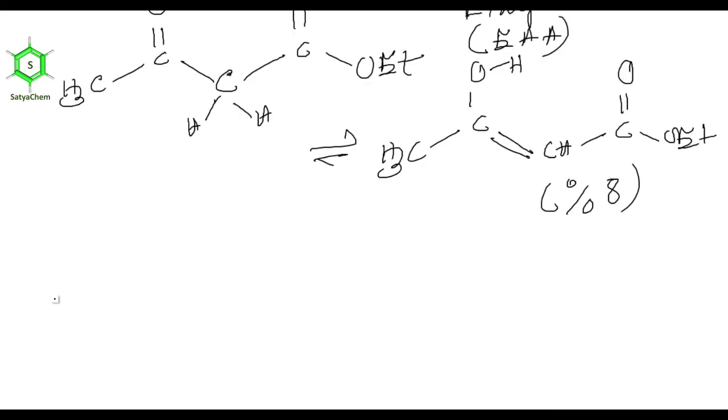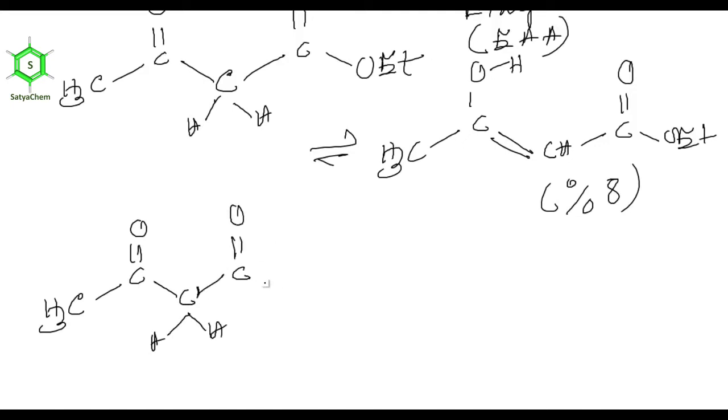But in this one, where I have introduced a carbonyl group on the alpha carbon instead of an ester group, we have already seen that the enol content is very high, about 76%. This hydrogen will be shifted to this oxygen, a 1,3 proton shift.